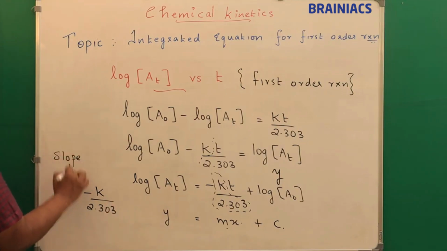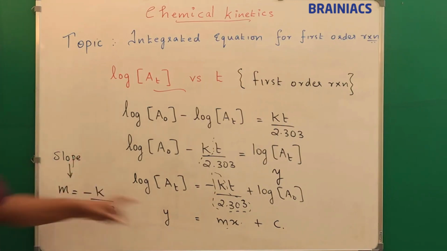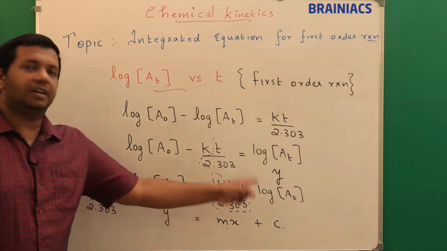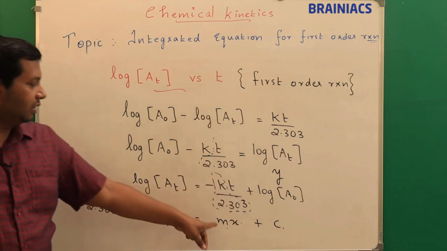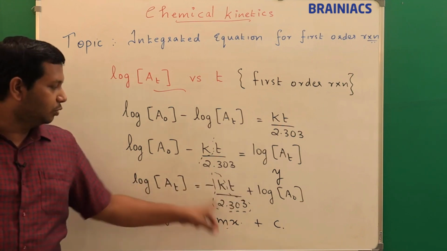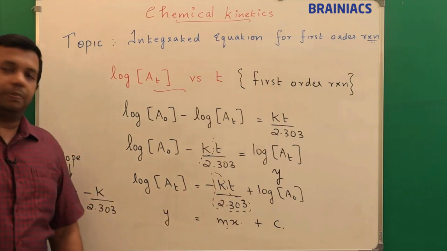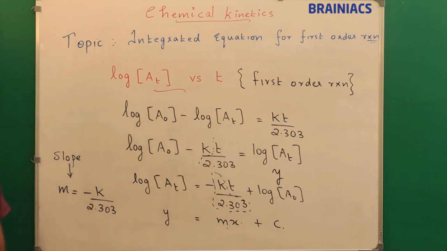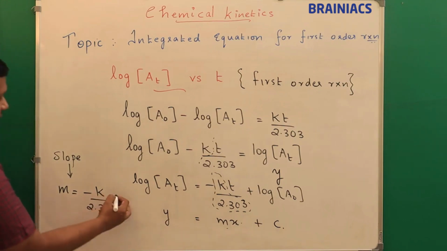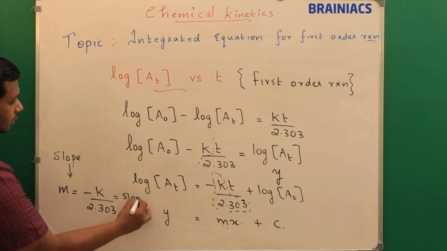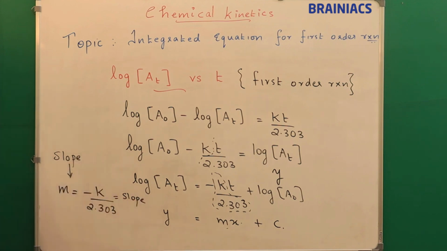So please remember, the slope for a first order integrated rate equation, on comparing with our standard equation, m should be minus k by 2.303. Please remember, this is very important for exam. So this is the slope of a first order reaction.